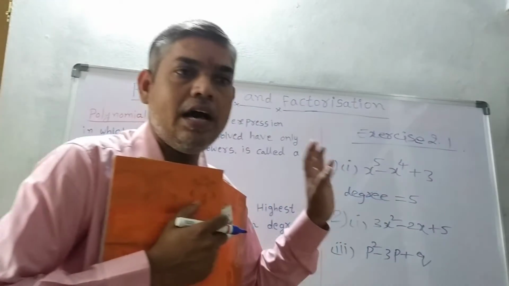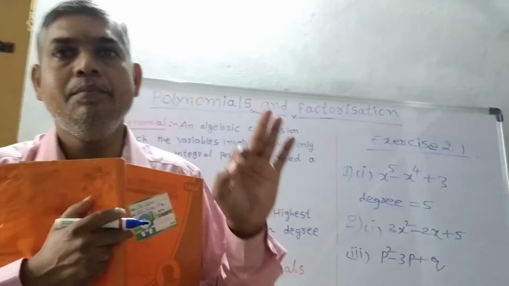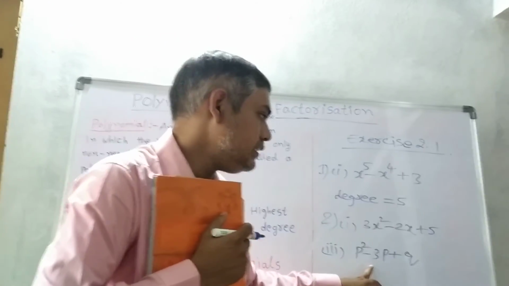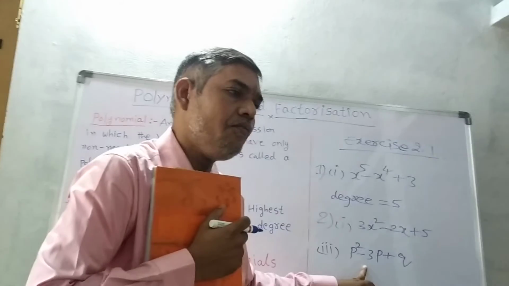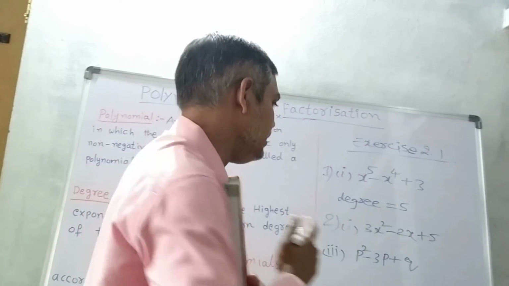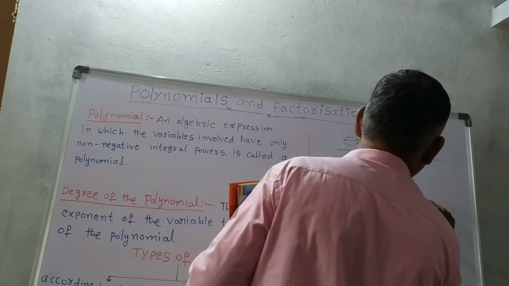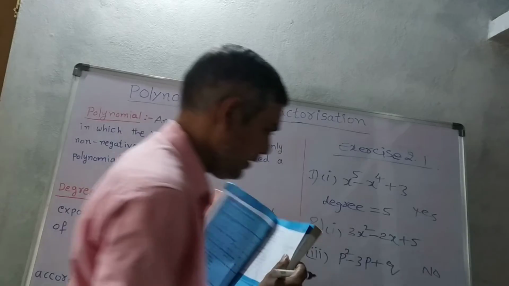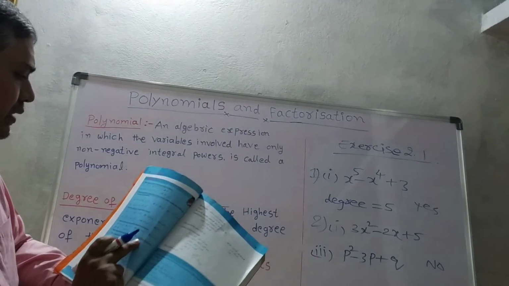In this bit, we are discussing only polynomials with one variable. That's why this is not a polynomial in one variable. This is a polynomial with two variables. This is yes, this is no.